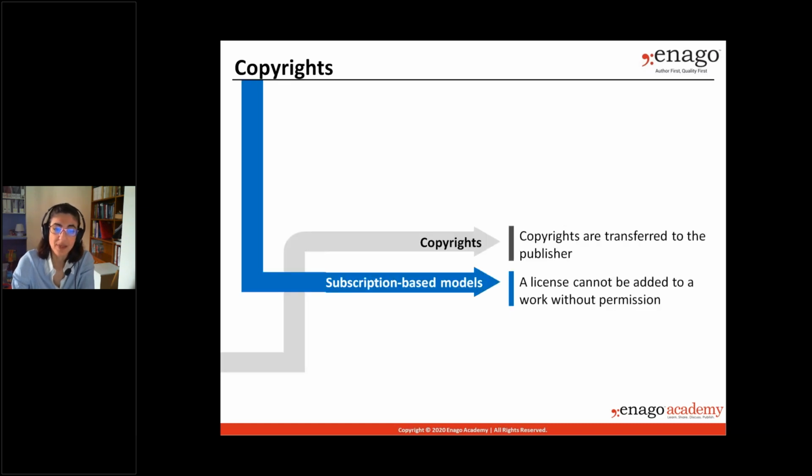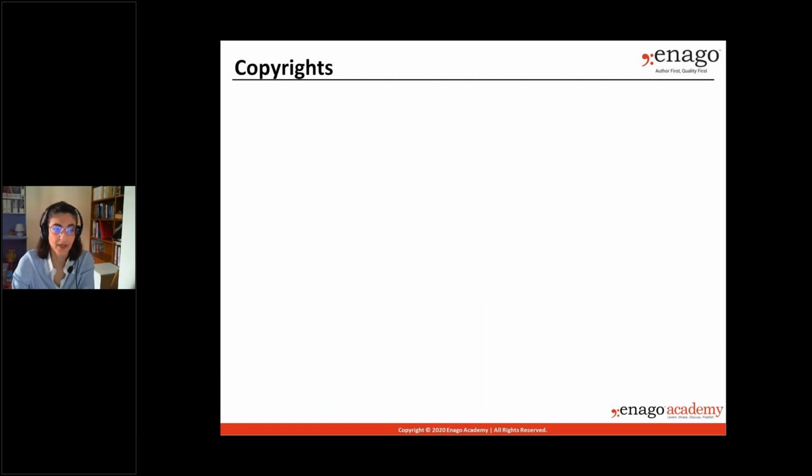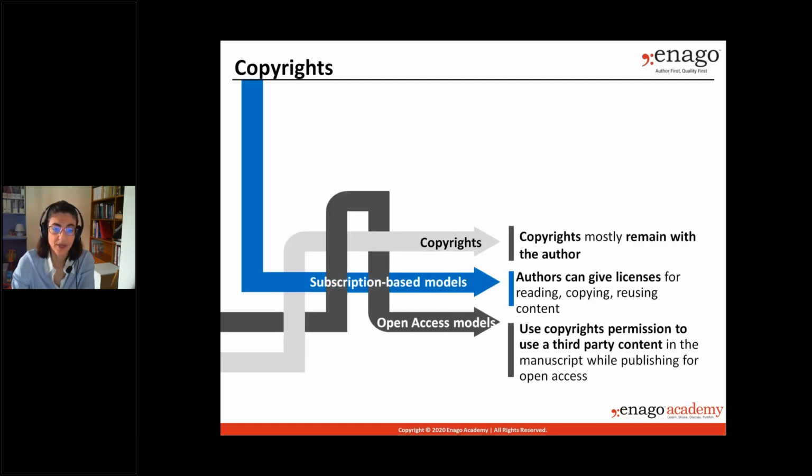There are subscription-based models where copyrights are transferred to the publisher. A license cannot be added to a work without permission. And there are open access models where copyrights mostly remain with the author. Authors can give licenses for reading, copying, and reusing content.